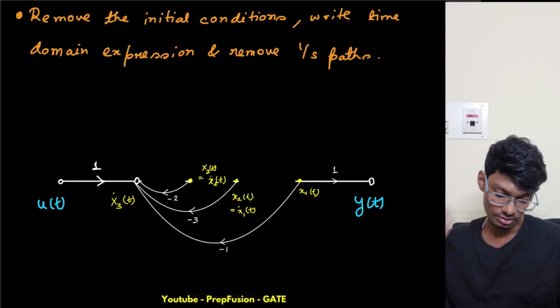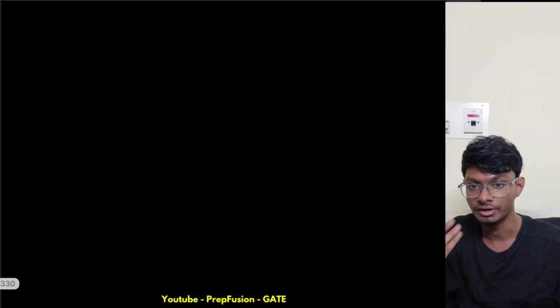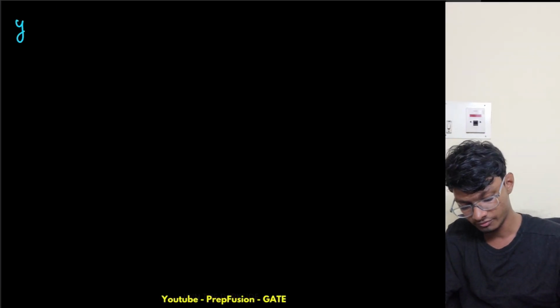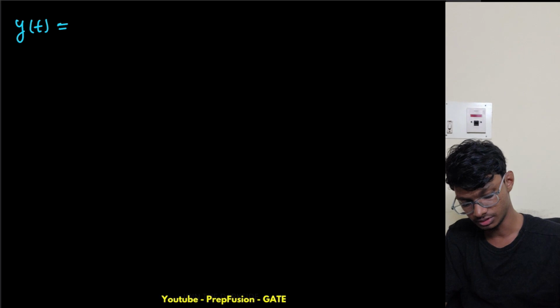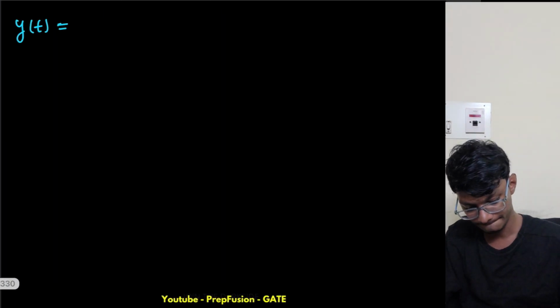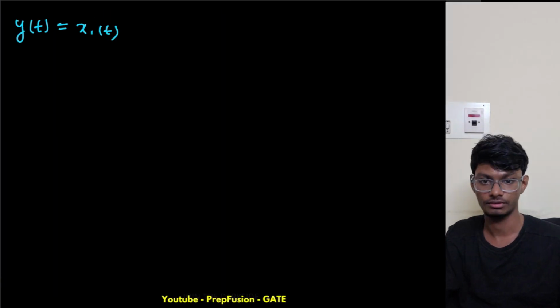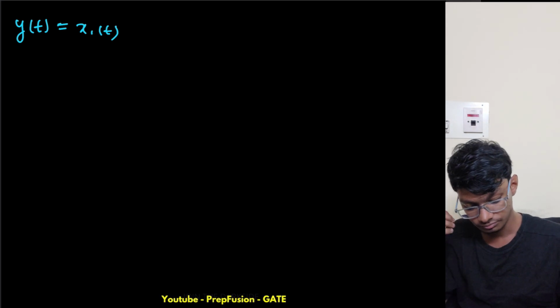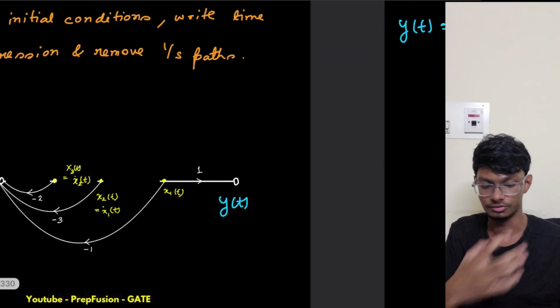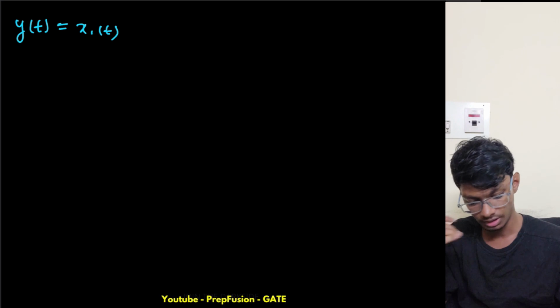So y of t will be equal to x1 of t. This is the simple output equation we got.